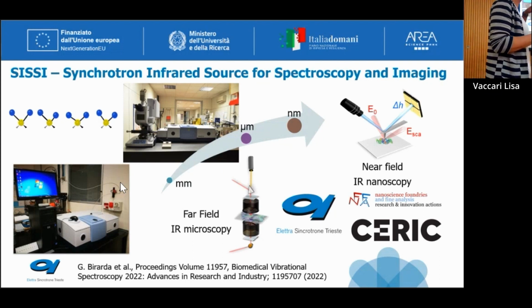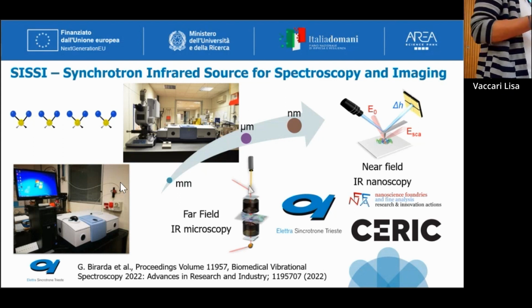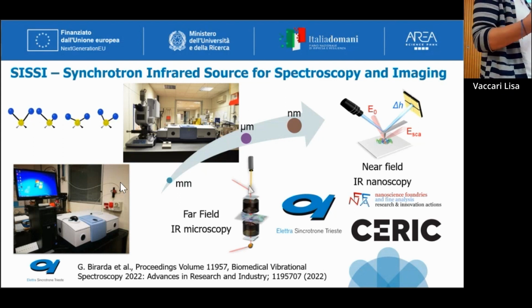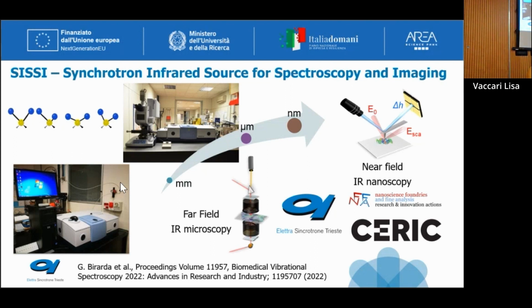We can perform infrared microscopy, meaning we can visualize our sample and have chemical information with a lateral resolution of a few microns. Or we can go further, what is called here infrared nanoscopy, this guy here. So basically we can push the lateral resolution to have information on the chemistry of the sample with nanometric lateral resolution.